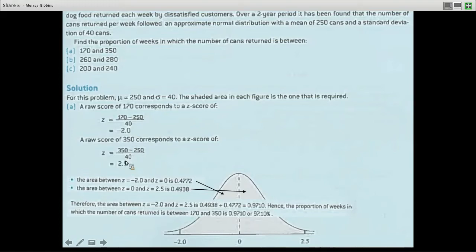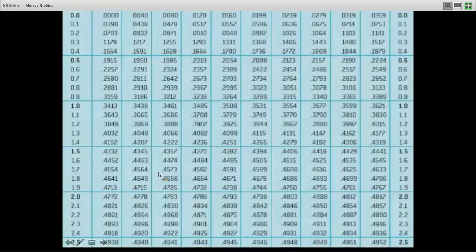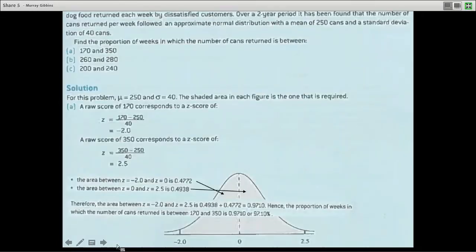So now I go looking for the area for both of those, and the answers are there, but let's go and just check. Here's my z-score for 2, my area for 2, 0.4772, and my area for 2.5, a bit hard to see there, but it's 0.4938.